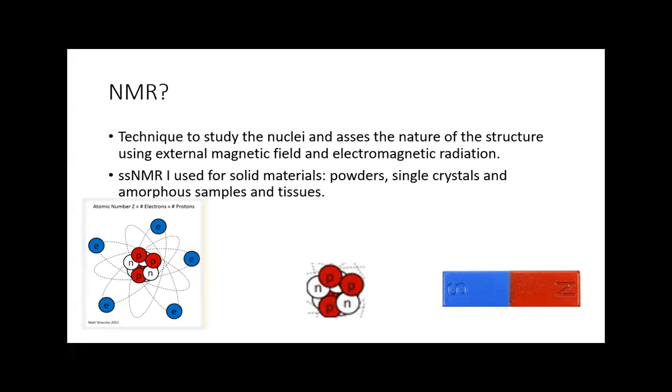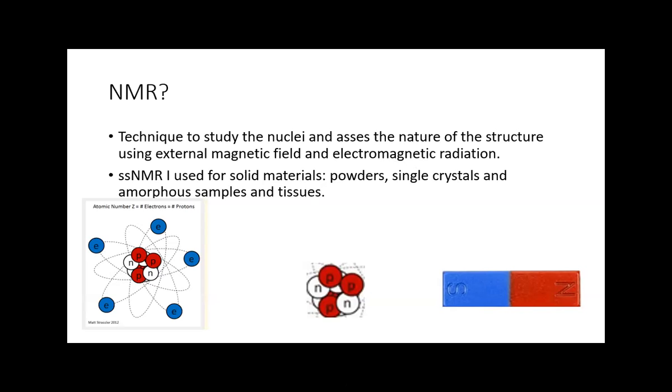In this technique, we study nuclei to assess the nature of the structure. We can come to know about the chemical structure and the 3-dimensional structure of atoms, using an external magnetic field and electromagnetic radiation. When the magnetic field passes through the nuclei, they can split into two energy states, one is the ground state and another is the excited state.